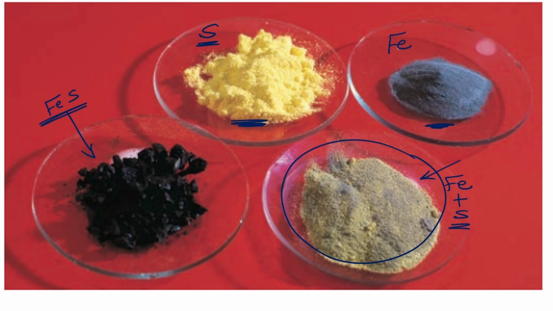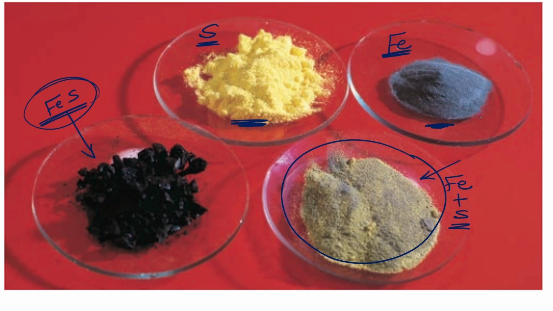When we heat a mixture of iron and sulfur together, we get a new substance named iron sulfide. Iron sulfide as a compound has very different properties to the mixture of iron and sulfur. For example here, iron as an element is magnetic, is attracted to the magnet.